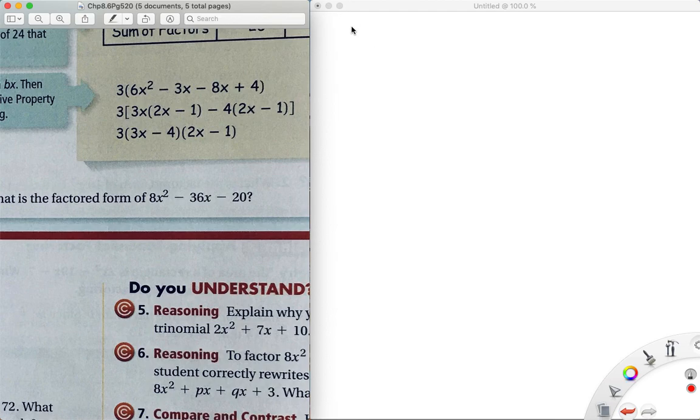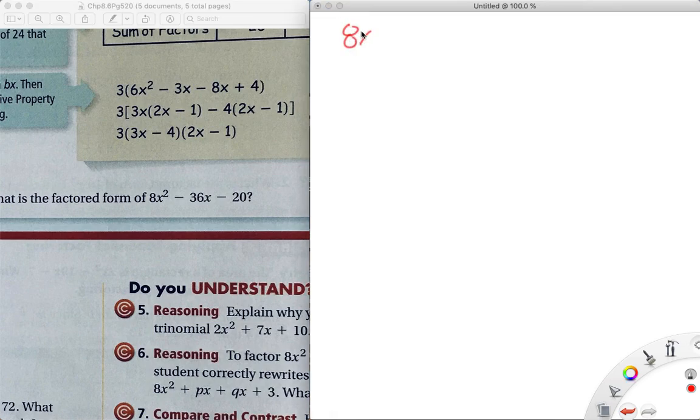So I have 8x squared minus 36x minus 20. All of these are divisible by 4, so I can factor out a 4. So I pull out a 4, that turns into 2x squared.